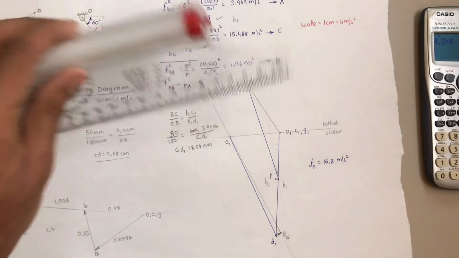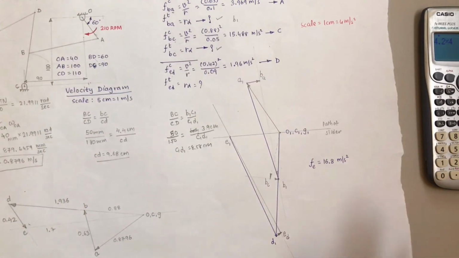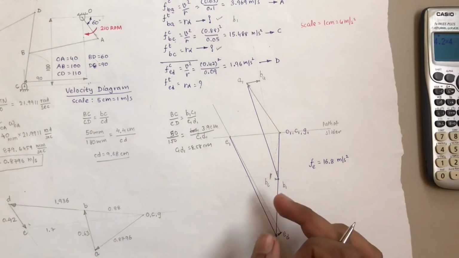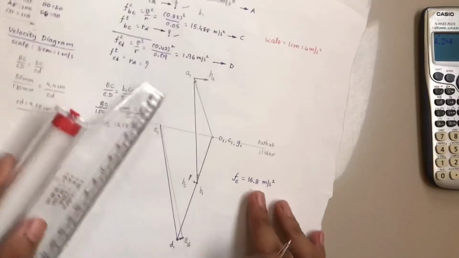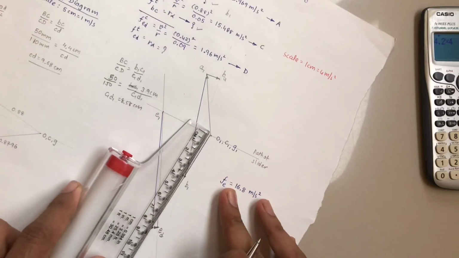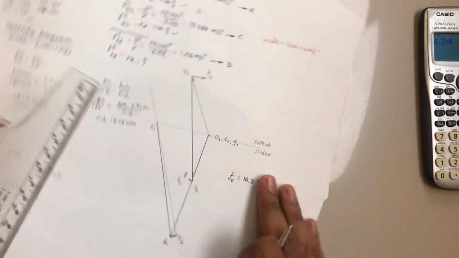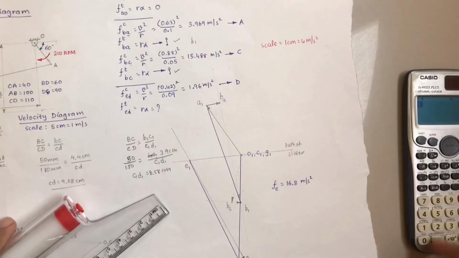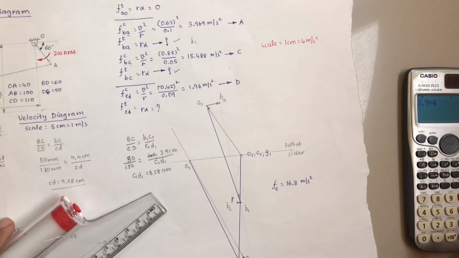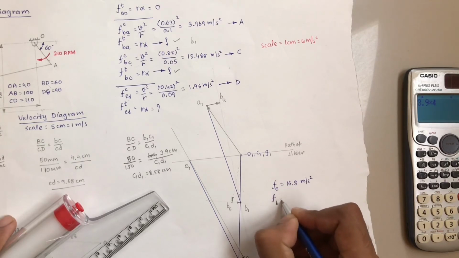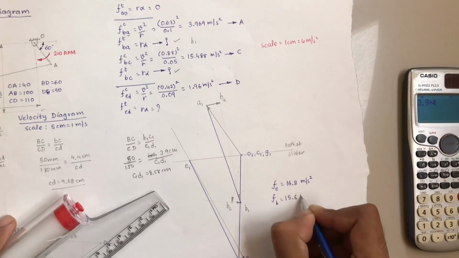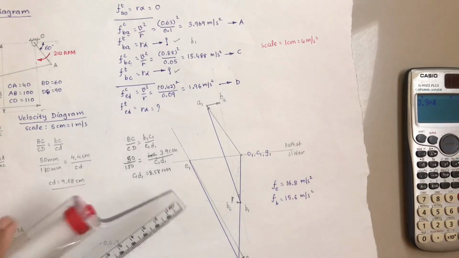Angular acceleration, you can measure the acceleration of any point in the diagram. Let us find the acceleration of the B point. For the B point we will measure from B to C distance, that is 3.9 centimeter. So 3.9 multiplied by 4 for the scale, that is the acceleration of the B point, 15.6 meter per second square.